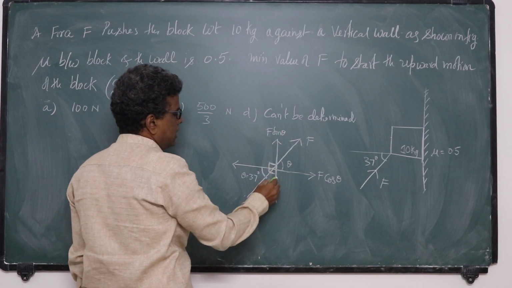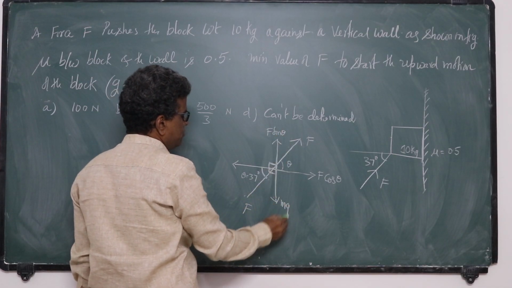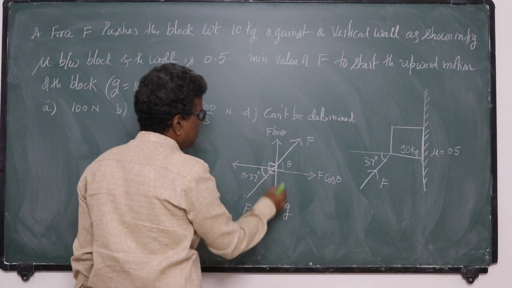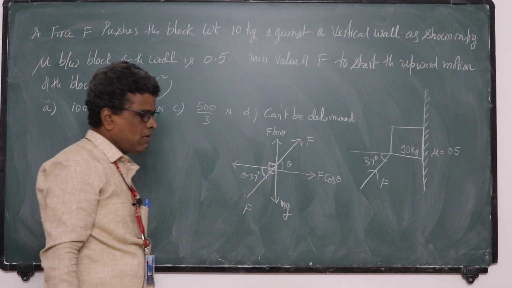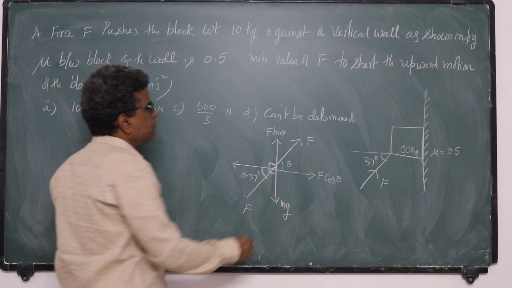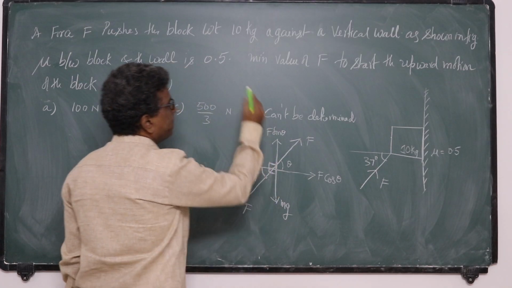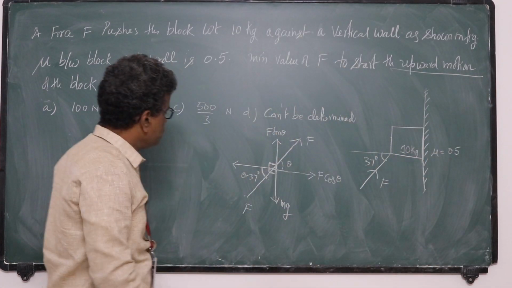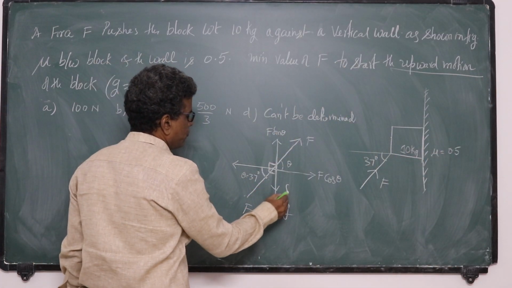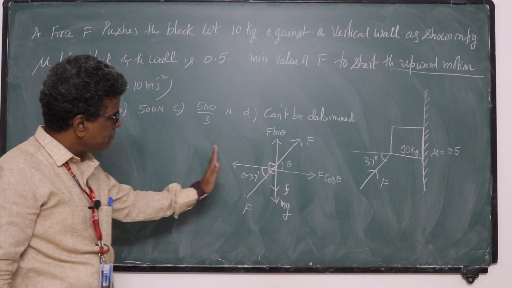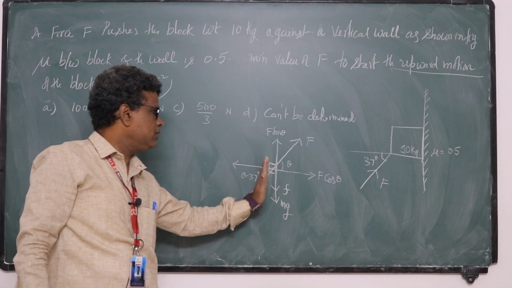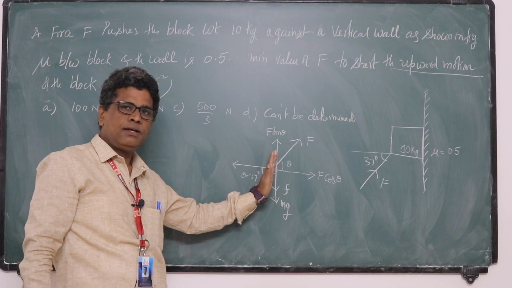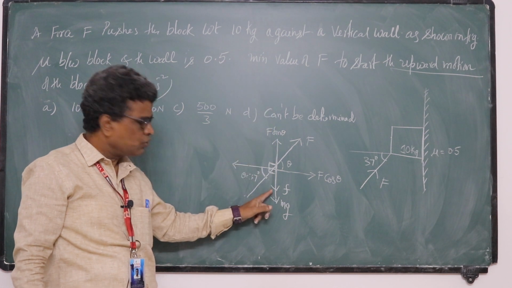So what are other forces acting on the block? Weight of the block, mg, acts vertically downwards. And the friction between these two surfaces is a self-adjusting force. In order to move the block up, to start the upward motion, the friction should be downward. If its tendency is to move up, the frictional force should be down.